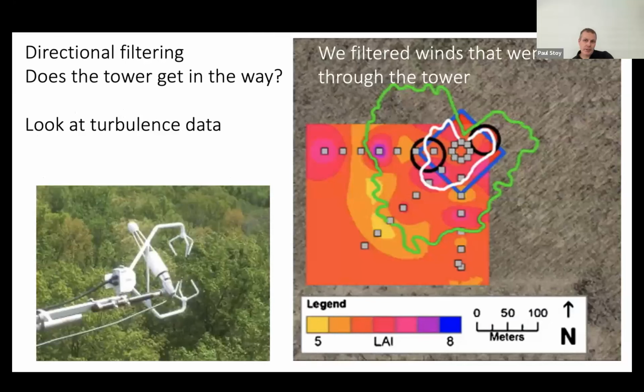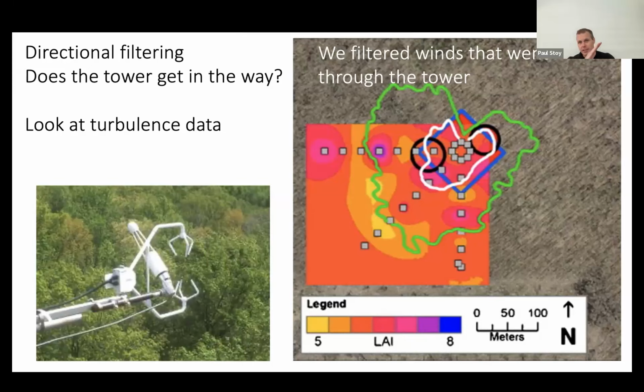When it comes to looking at the data, it's pretty common, especially remember from Dr. Kim's talk, he had some really big bulky towers like those walk-up towers, where if you look at the turbulence statistics for what's coming from behind the anemometer, which is usually air that is flowing through the tower, that might have some turbulence data that would include the W bar, like the angle of attack, right?